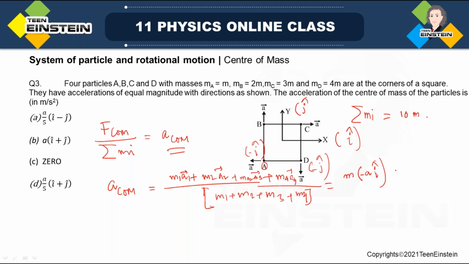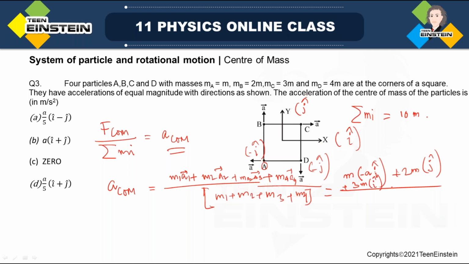Similarly for B, which has mass 2m, it is along the positive j direction. For the third one, C has 3m mass, and it is along the positive i cap direction.